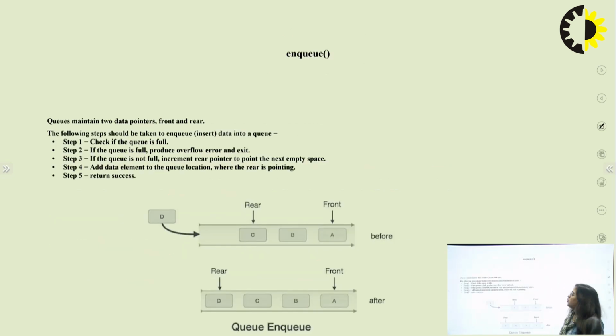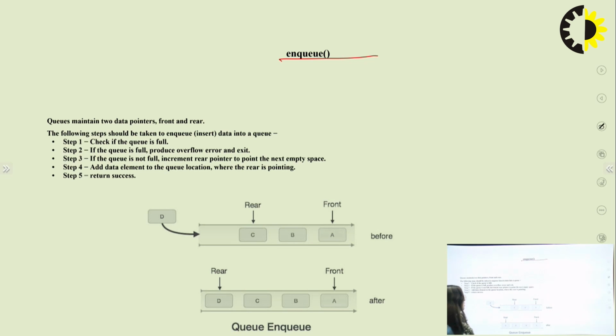So the first operation is NQ. NQ is used when you want to insert an element in your queue. There are some steps in NQ.